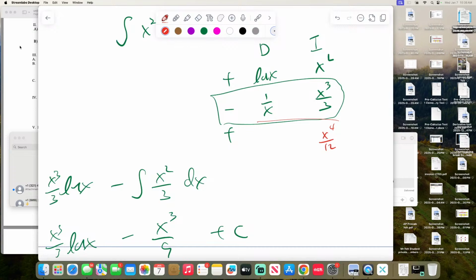And shorthanded, that's going to be the integration of u dv plus v du. Now, we're going to focus on this particular subject. What's the integration of u dv? It is equal to uv minus the integration of v du. Now, this is a formula I will ask my students to remember a long time ago.